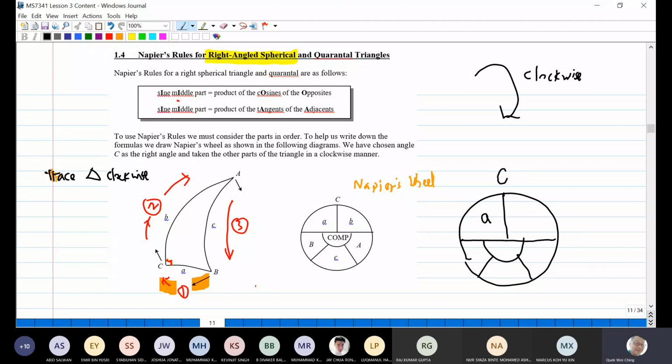Then the C has already the angle there. Then the next one is angle B now. So this one, you go to angle B. Okay, so this is angle B here.